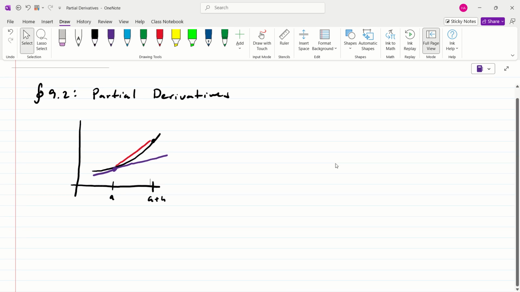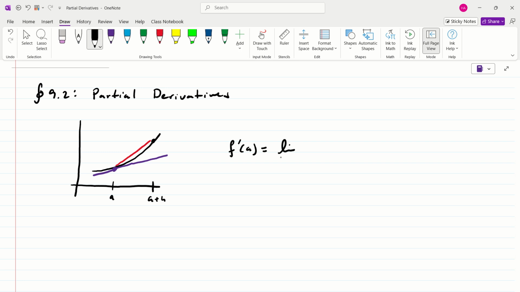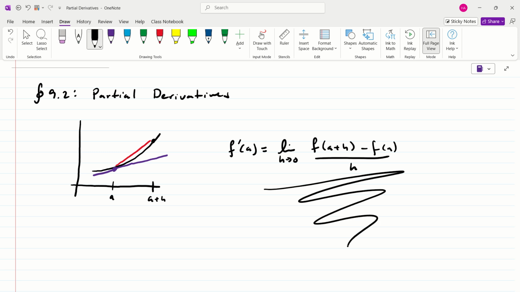And the way that you computed the derivative at a was through this computation of the limit as h goes to 0 of f of a plus h minus f of a divided by h. The change of the y values divided by the change of the x values.